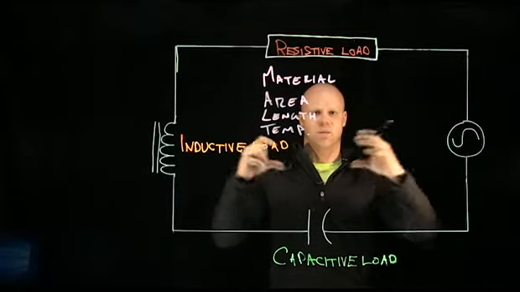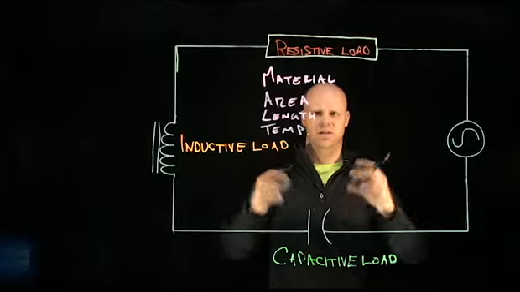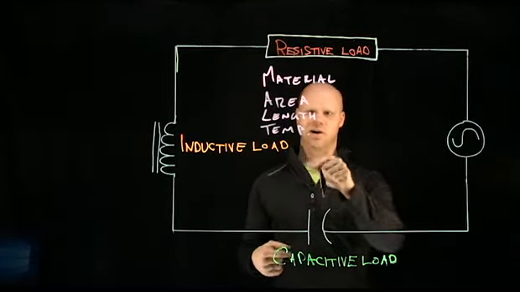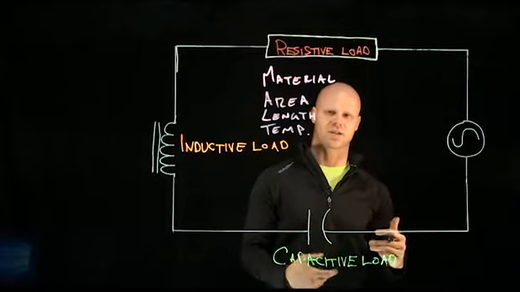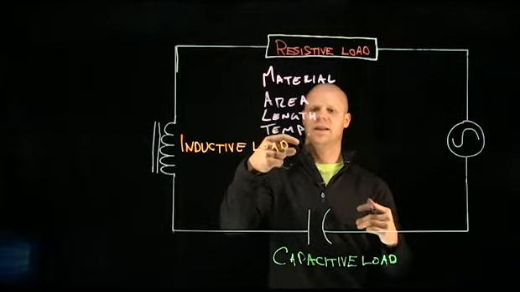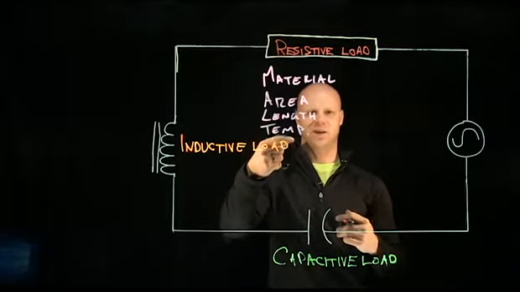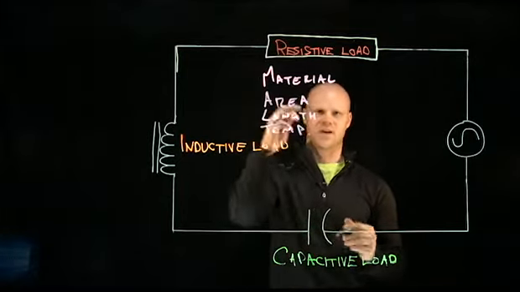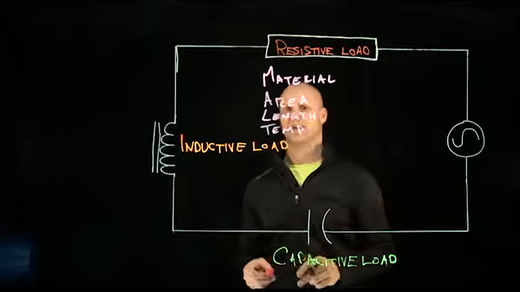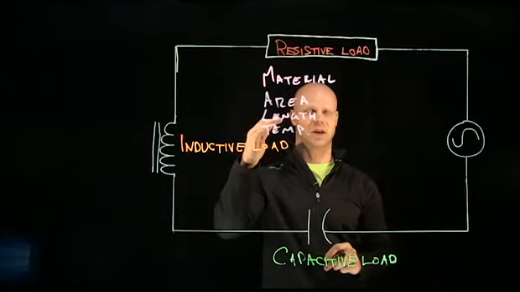The bigger the wire, the bigger the conductor, the lower the resistance. The longer the conductor, the higher the resistance. If I increase the temperature on that conductor, depending on its temperature coefficient, quite likely I'm going to increase its resistance. So frequency isn't going to change the resistance of my circuit.